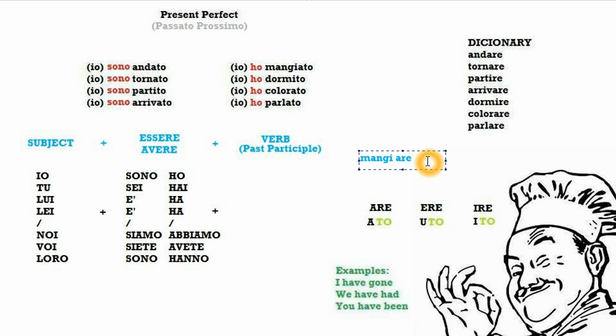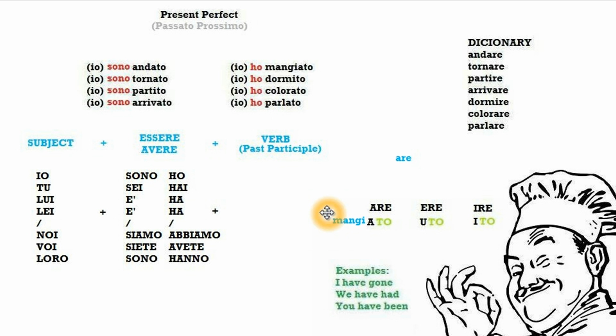So we take the verb in its infinitive form and we take the stem, separate it from the ending, and the ending will tell us what kind of verb this is. And this is indeed an are type verb. So we take the stem, mangi, and what we do is we bring it all the way over here.